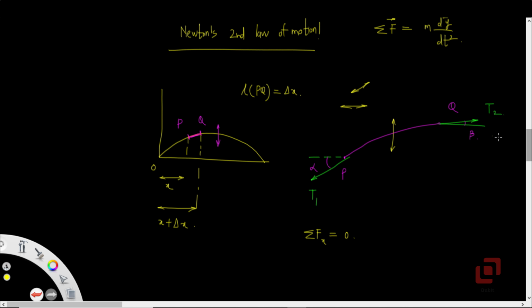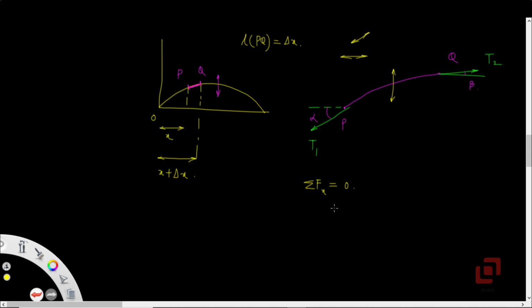So if we bring in the first equation of equilibrium, that is summation Fx equal to 0, then we shall get minus T1 cos alpha, with a negative sign because it is along the negative x-axis, plus T2 cos beta equal to 0, or T1 cos alpha will be equal to T2 cos beta.